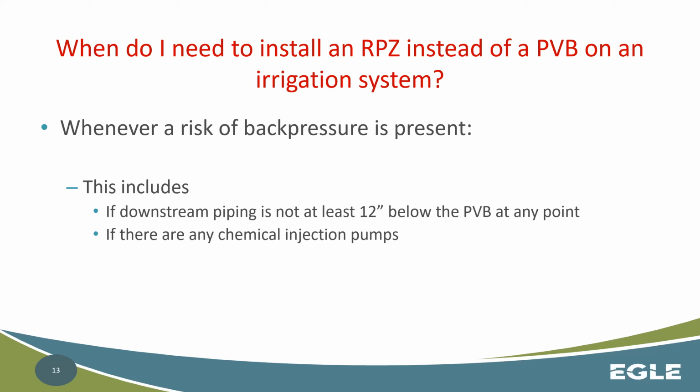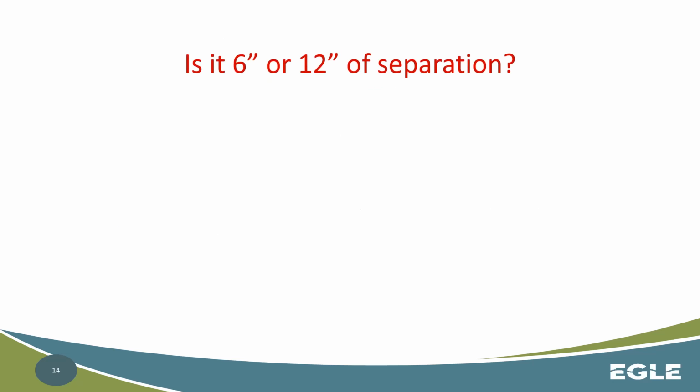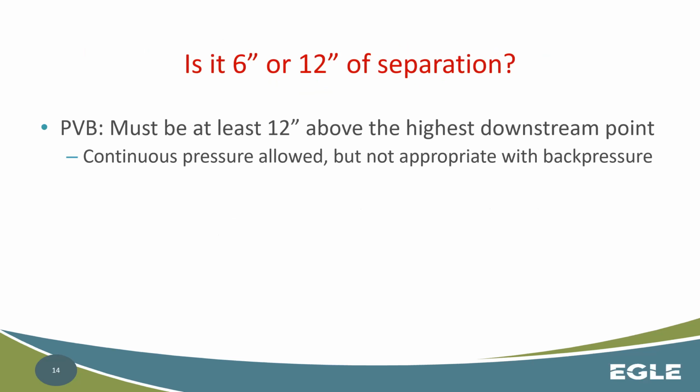Pressure vacuum breakers must be at least 12 inches from the highest point. Continuous pressure is allowed. You can have a downstream valve too, but if there's a pump downstream, you can't do it. The pump has to be upstream from it, not downstream.